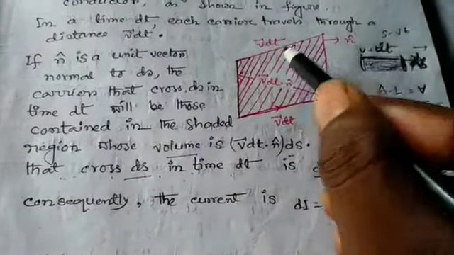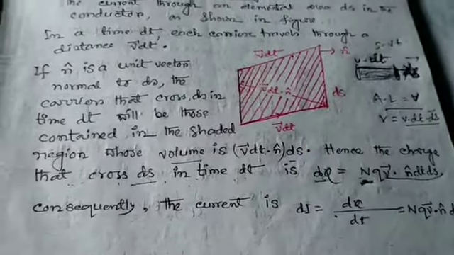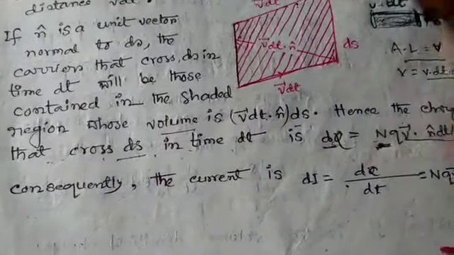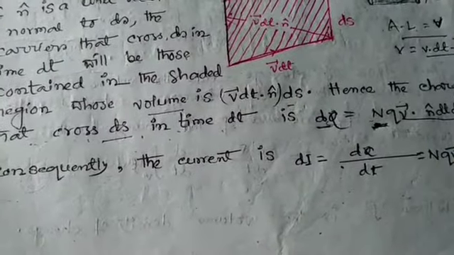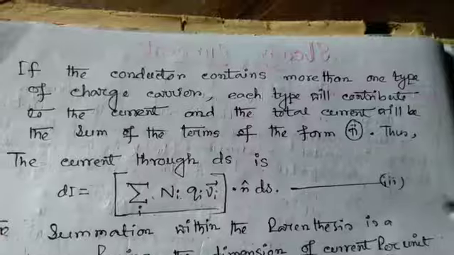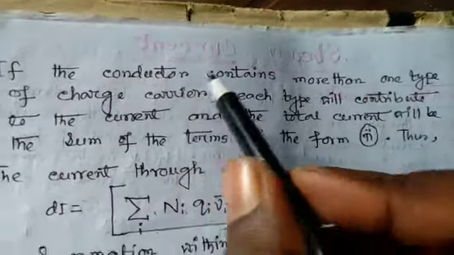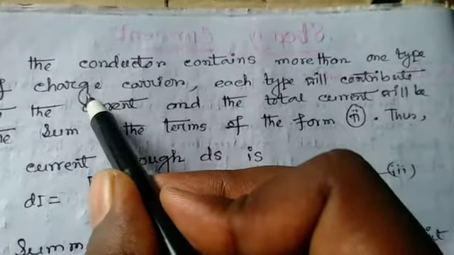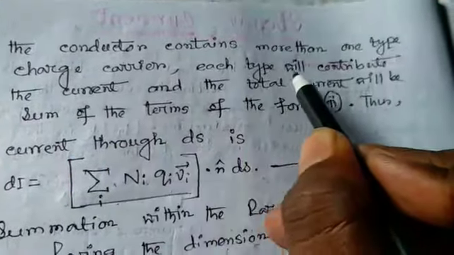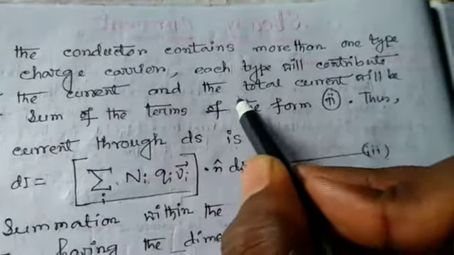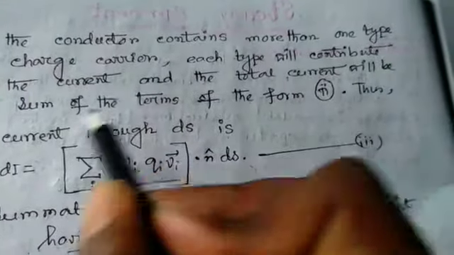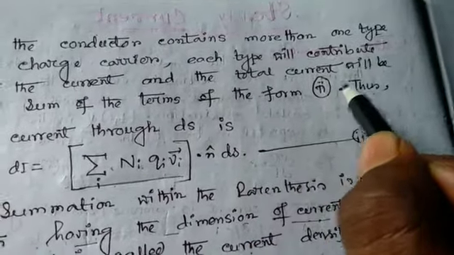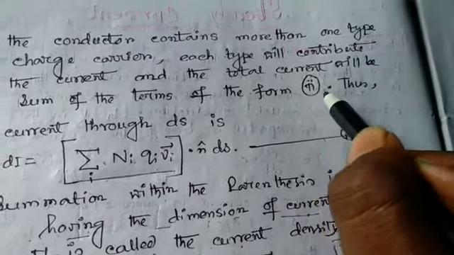In this volume the total charge, unit volume में charge is n. If the conductor contains more than one type of charge carriers, each type will contribute to the current, and the total current will be the sum of terms of the form n_i q_i v_i.